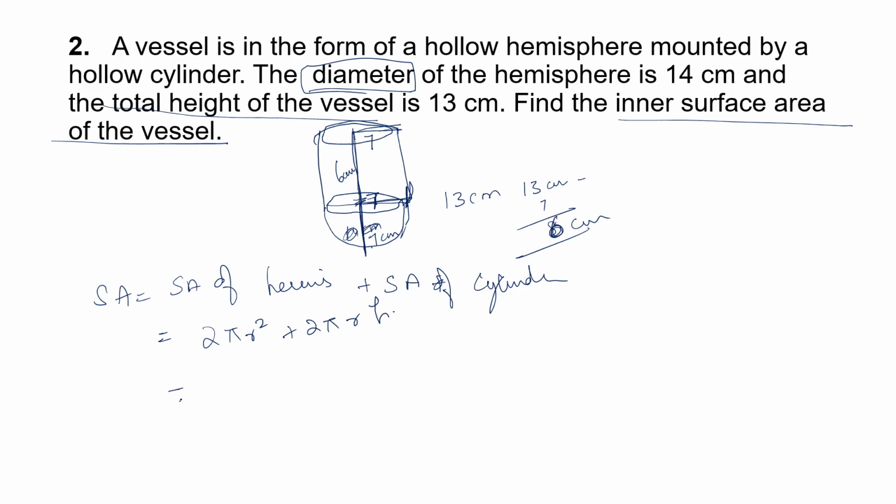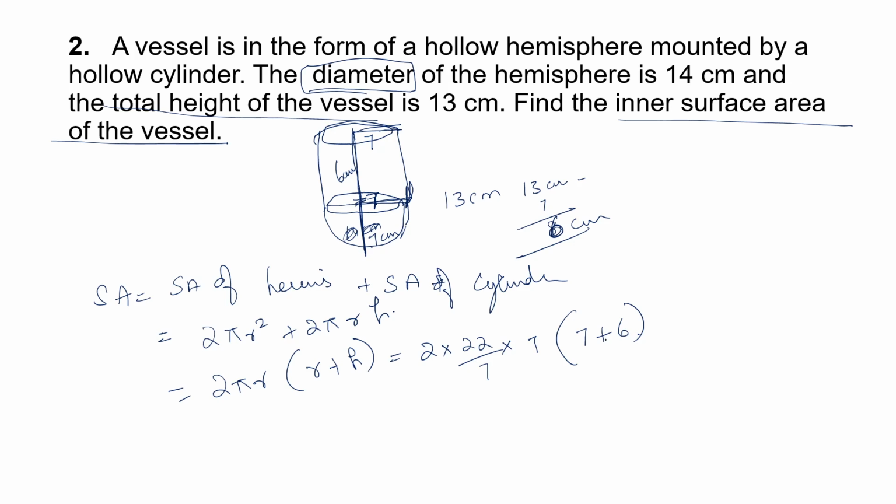Since r is the same, you can take it common outside: 2 pi r into (r plus h). Now substitute the value of r: 2 into 22 by 7 into r, which is 7, into (r plus h), 7 plus 6.